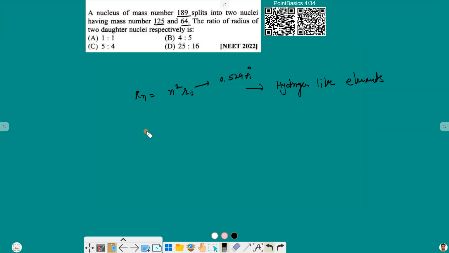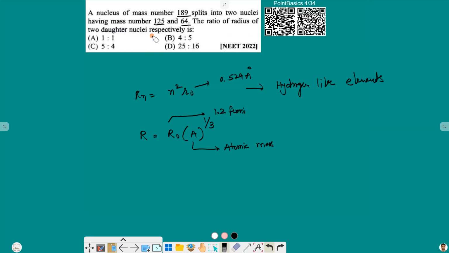Now we are discussing the nucleus. So in case of the nucleus, the radius of the nucleus is basically equal to R node, that is the base radius, into A raised to power 1 by 3, and this A is the mass number, and R node is a constant, that is 1.2 Fermi.